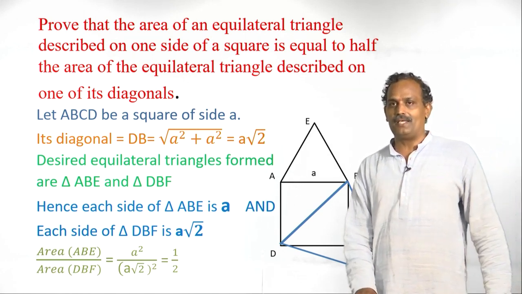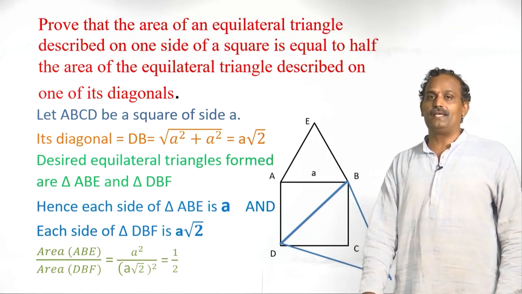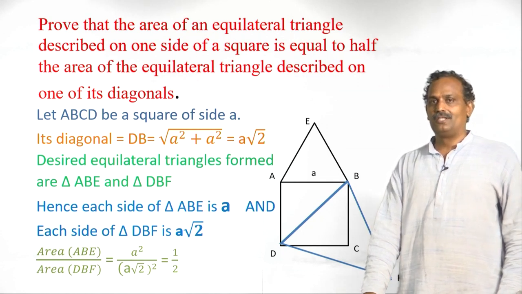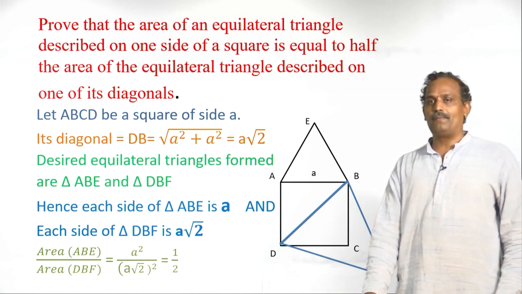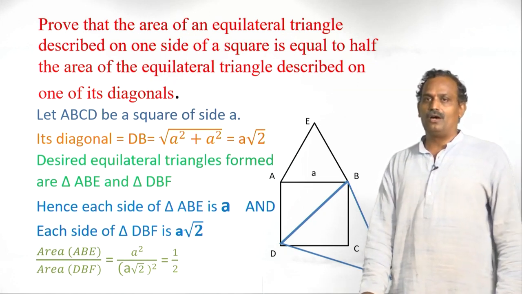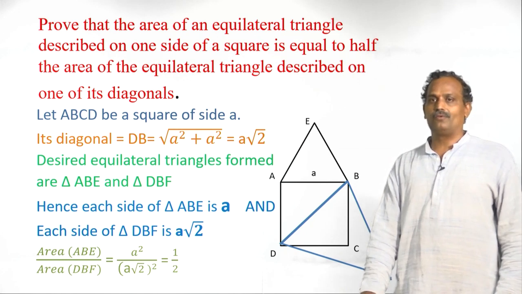Area of triangle ABE by area of triangle DBF is equal to the ratio of the squares on the corresponding sides, so it is a square by a root 2 whole square. In place of AB I have substituted a, and in place of DB I have substituted a root 2. On simplification we get 1 by 2, which is nothing but 1:2.